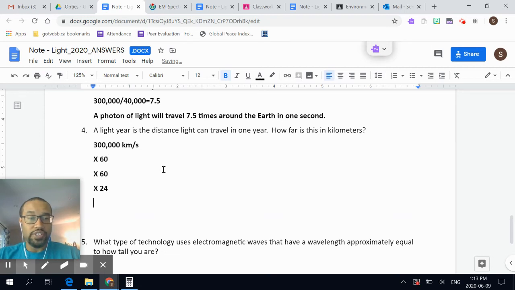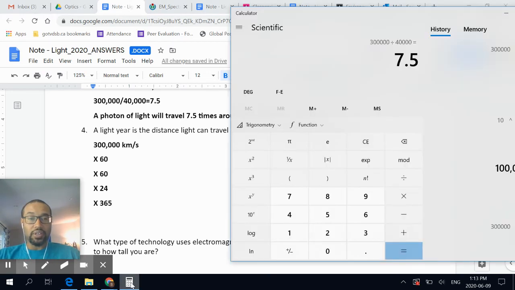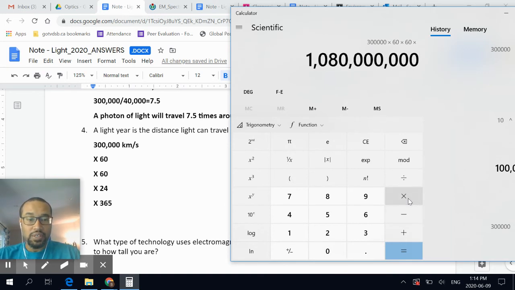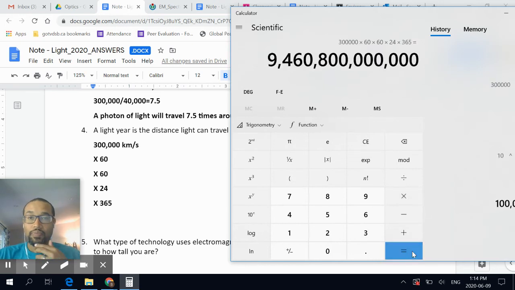days in a year. So I'll go to my trusty calculator and do that math. Let's clear you. So we've got 300,000 times 60 times 60 times 24 times 365.